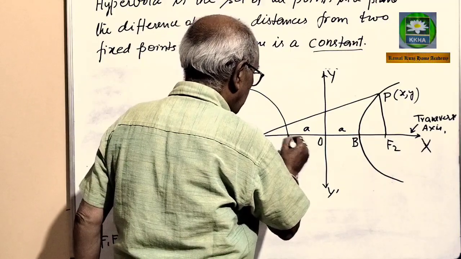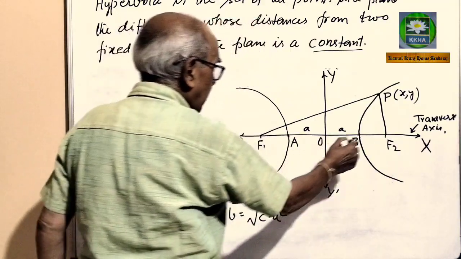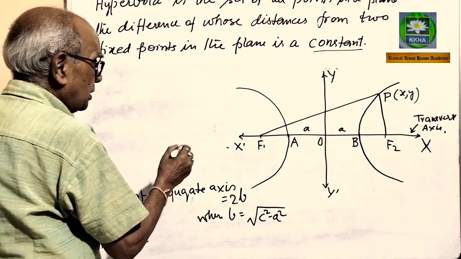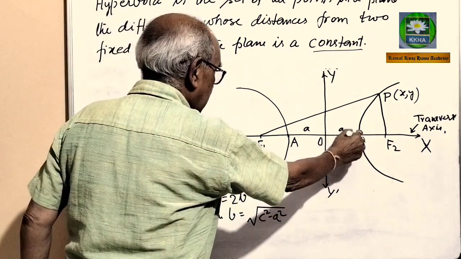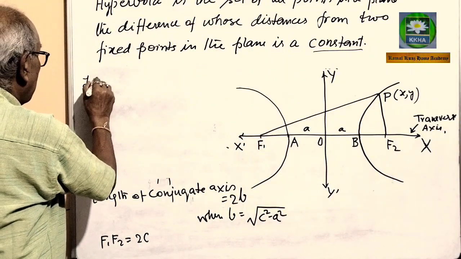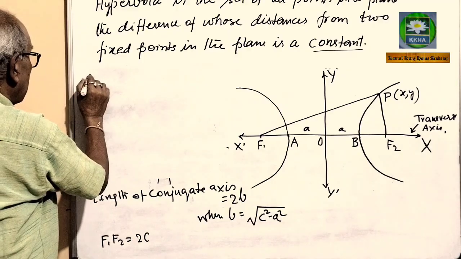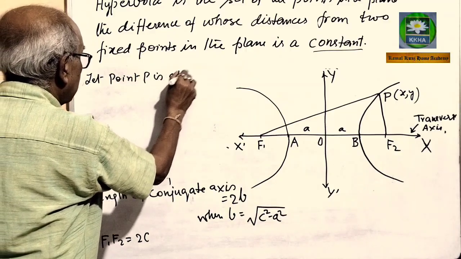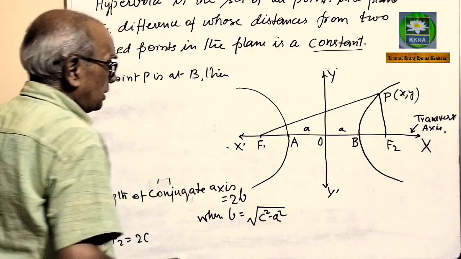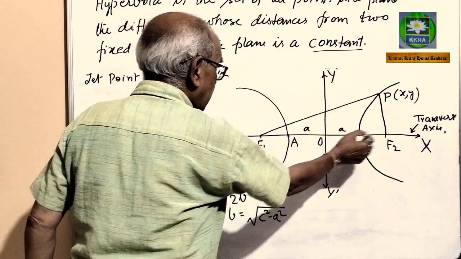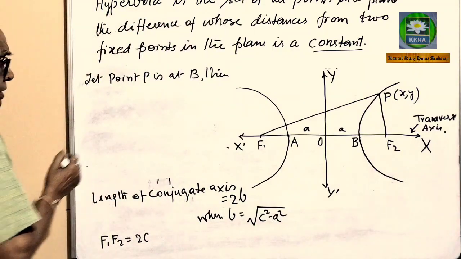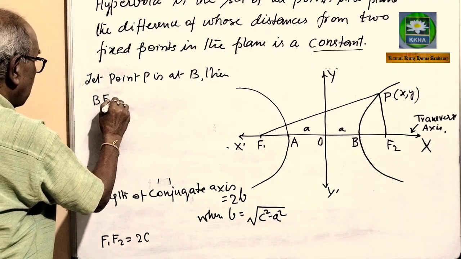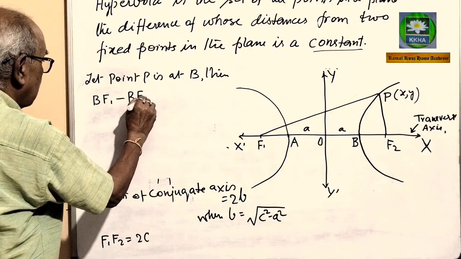Now suppose the point P is at B, then the difference is BF1 minus BF2.